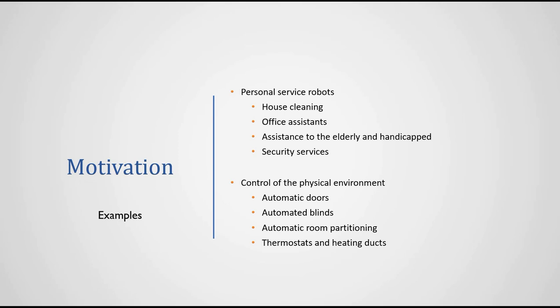Many devices use some kind of machine that works autonomously, by itself, without any control by the user or by humans. Also office assistance for elderly people, and also security. All these kinds of devices can be considered autonomous, or at least semi-autonomous.